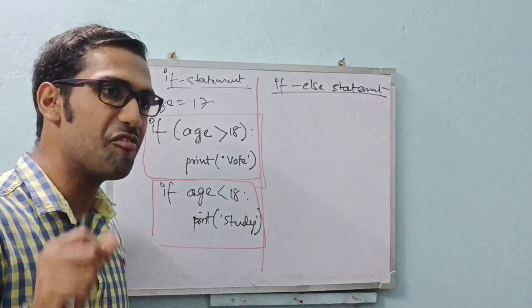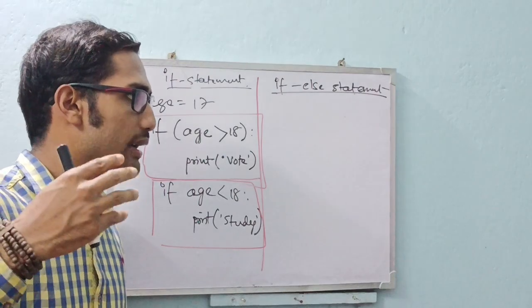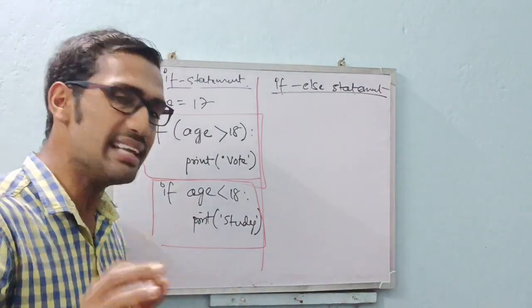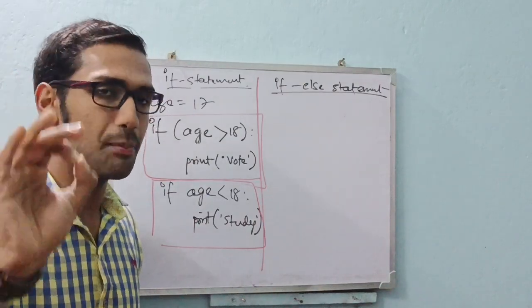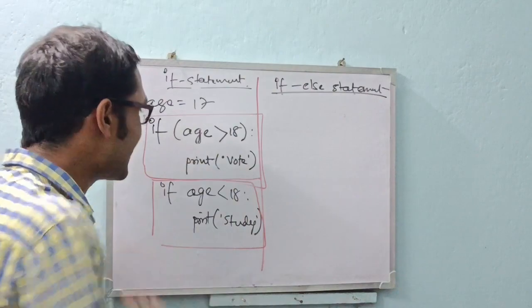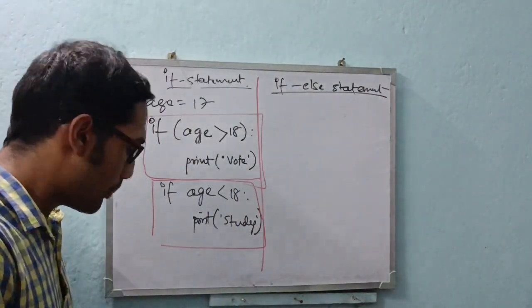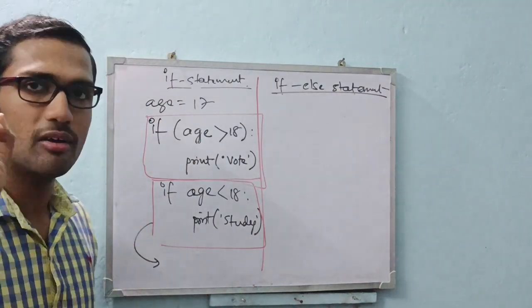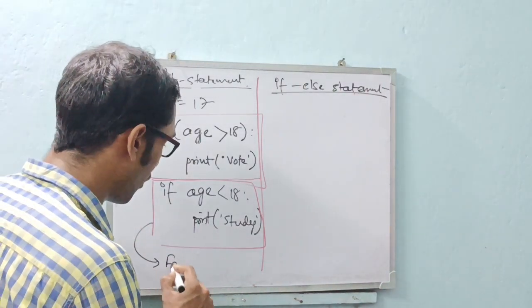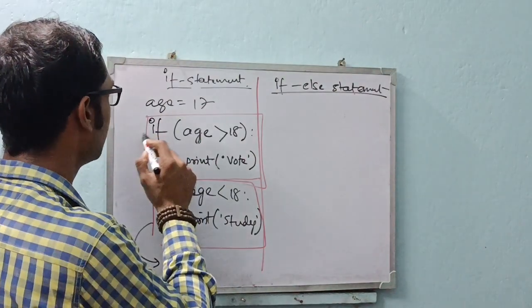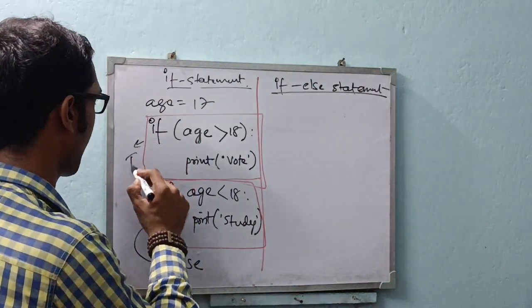So if we write independent if conditional statements, each and every if statement will be checked. Simple. So in this case, I have written this particular part for the false condition, and this one for the true.